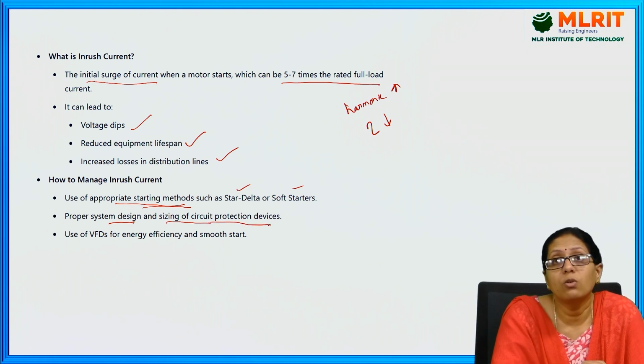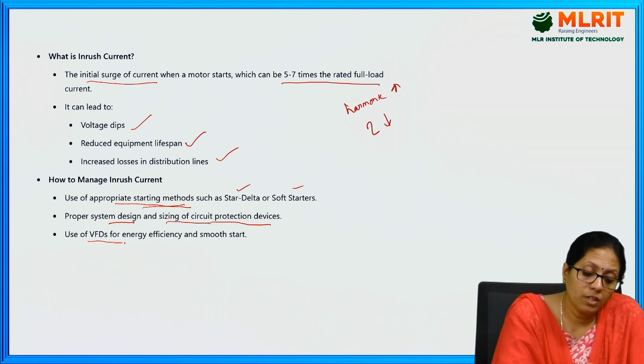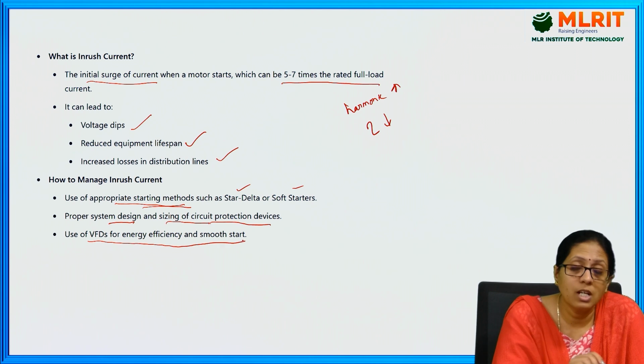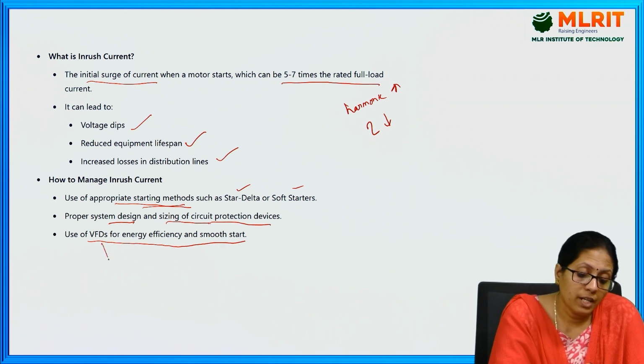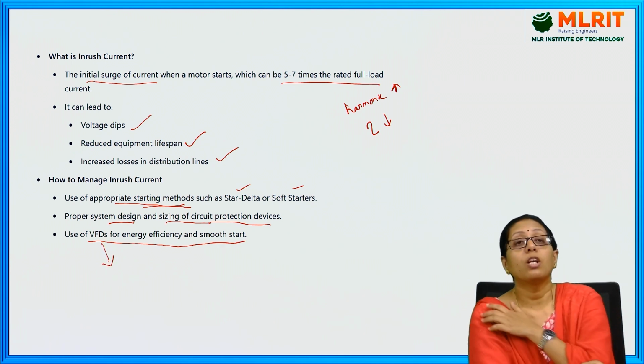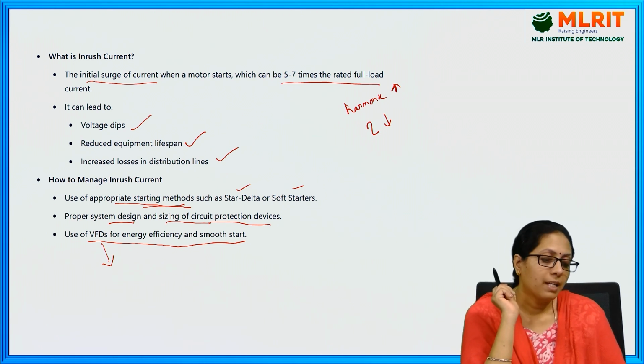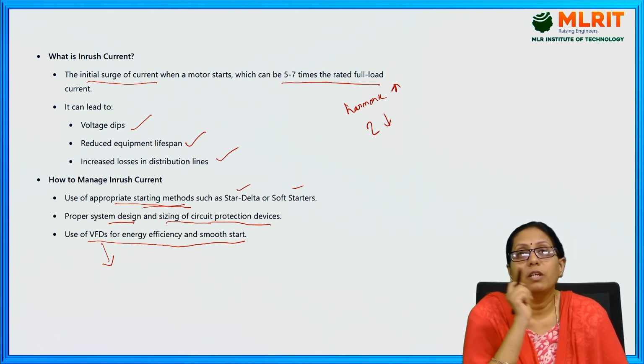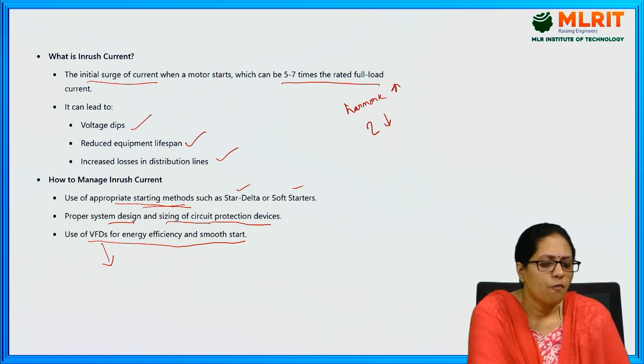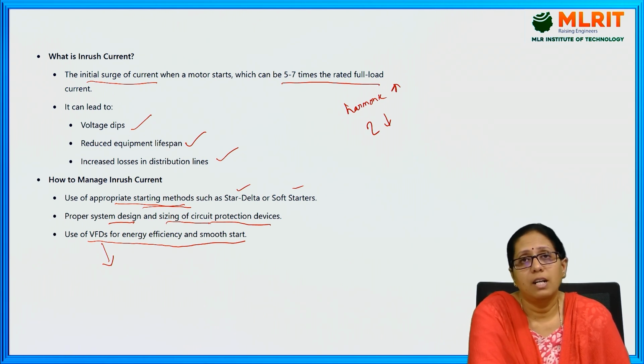Proper circuit protection devices like circuit breakers also should be connected, and use of VFD for energy efficient and smooth start. We can use VFD, but the initial cost increases. So, for high applications in industries, we will be using VFDs. For low applications, we will be using soft starters or star delta starters.